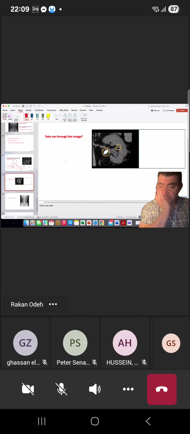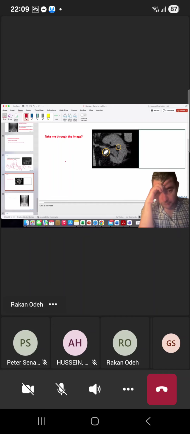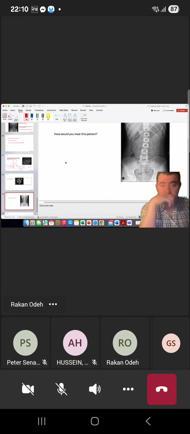Okay, I can see a cross section of CT KUB without contrast, revealing a left renal pelvic stone about 1.5 centimeter or so, with a tiny calcification or tiny calculus on the mid pole of the left kidney. However, I'd like to review the rest of the images and discuss with the radiology consultant.